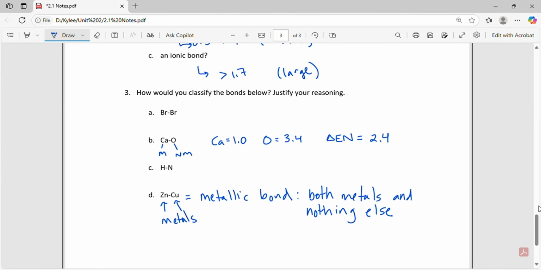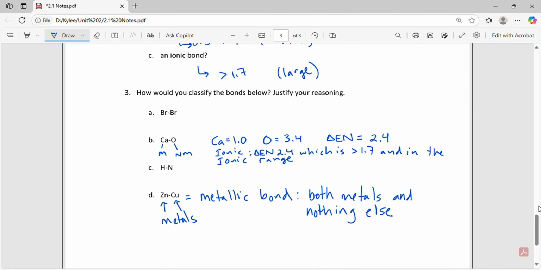That does fall in the greater than 1.7, which tells me that this is going to be an ionic bond. So I'm going to say it's ionic. And my reasoning is that the electronegativity difference, and sometimes we use the delta, that's a triangle, to describe a change or a difference in electronegativity, is 2.4, which is greater than 1.7 and in the ionic bond range.